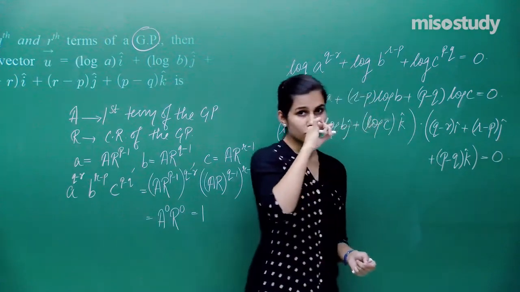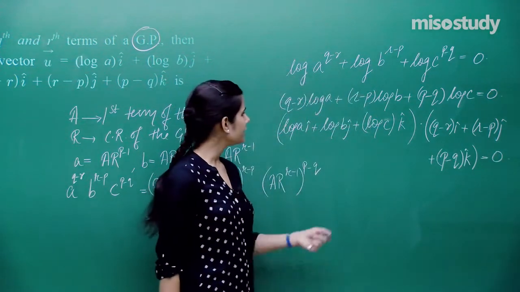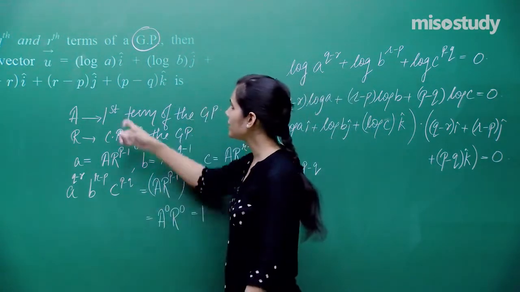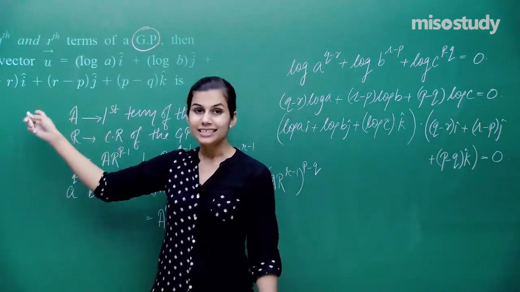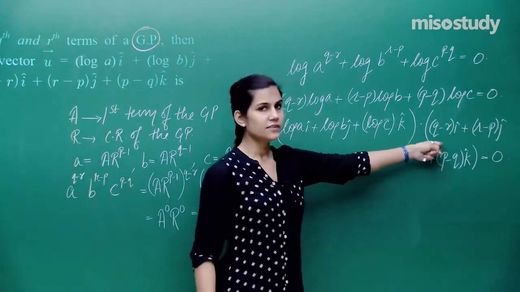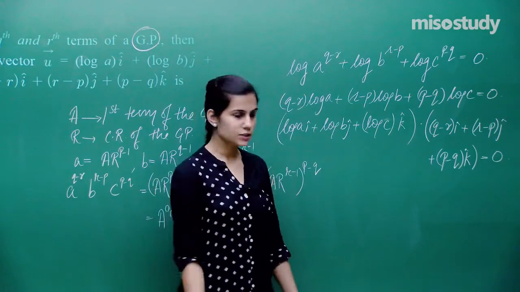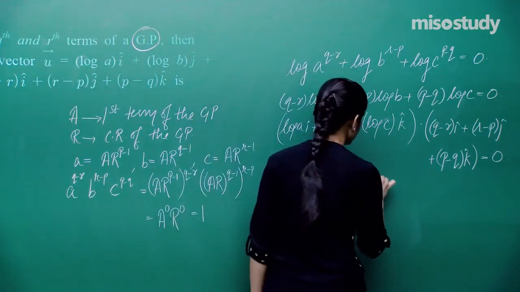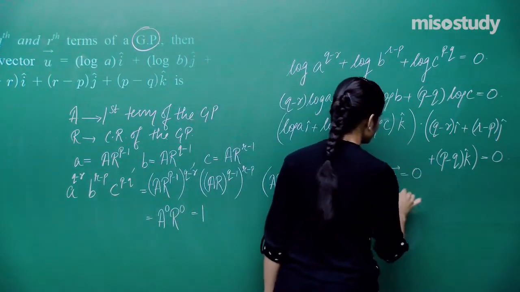It is the dot product of these two vectors which is coming out to be 0, but this vector is given in the question as u vector, and this next vector that you can see over here is given in the question as v vector. So basically you have u dot v is coming out to be 0.